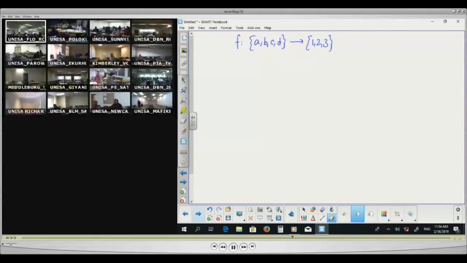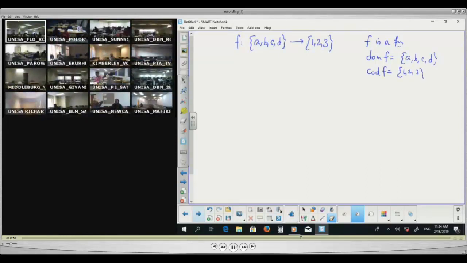When I write something like this, it immediately tells me that f is a function. It tells me many things. First, it tells me that f is a function with the domain of f being this one, the codomain of f being this one. This doesn't completely tell me what the function is.